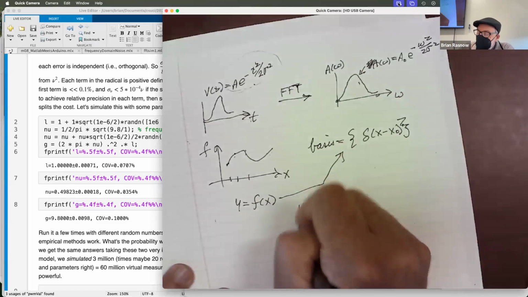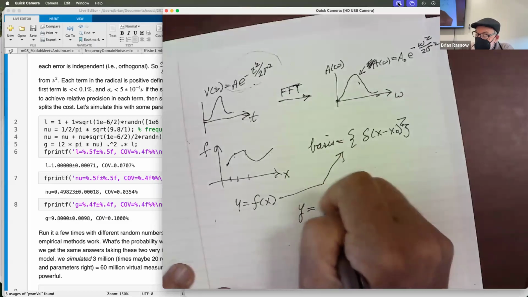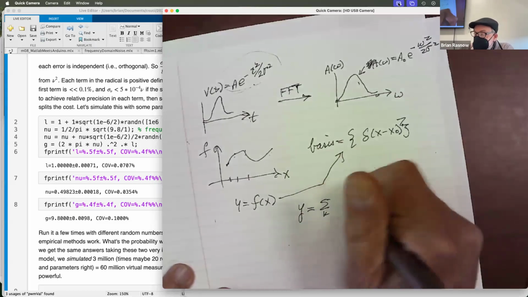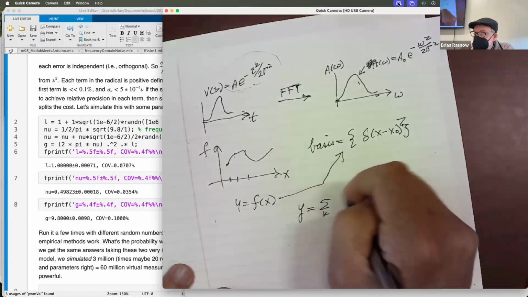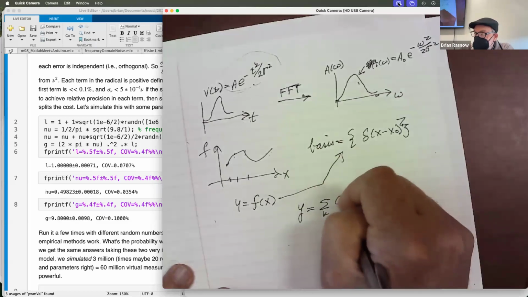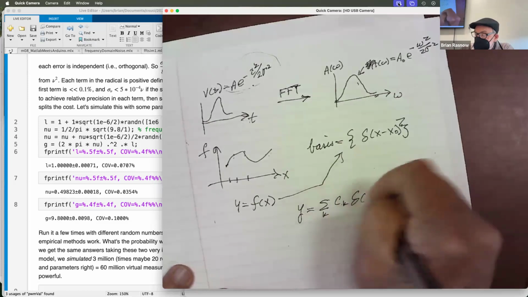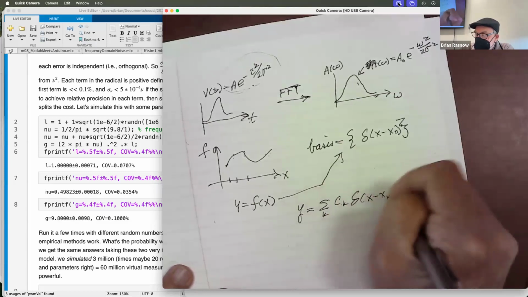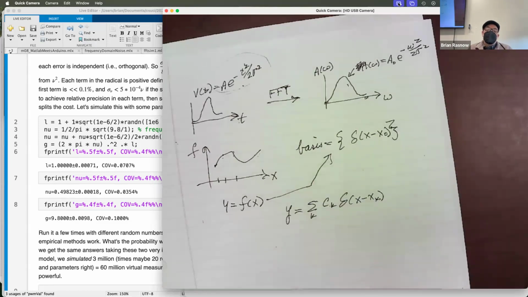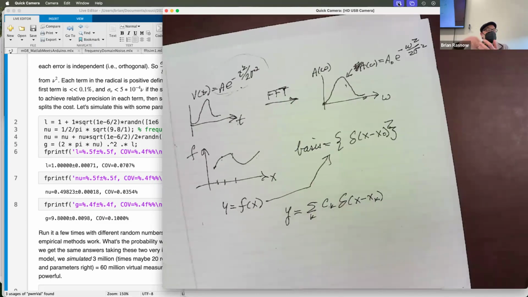So y is the sum of c sub k times delta of x minus x sub k. And discretizing, you could take a limit as well, right? And so, I mean, that's a dumb way to write a polynomial. Hey, you can do it.